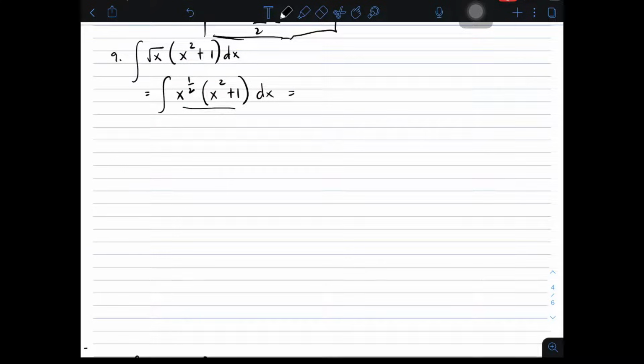So, kapag nirewrite niyo yan, that is the integral of, ito pag minultiply natin, x raised to 3 over 2, kasi mag-add tayo next. That is, yung 2 natin can be represented as 4 over 2. So, that is 5 over 2. And then, plus x raised to 1/2 dx.